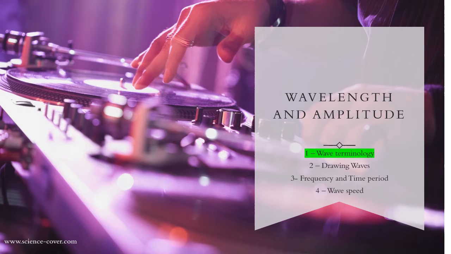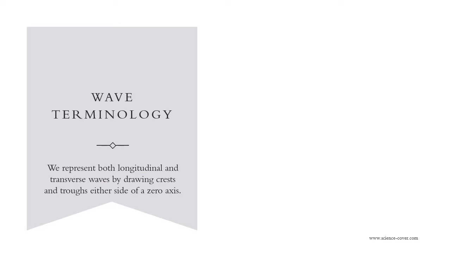Let's now familiarize ourselves with some of the terms used when we discuss waves. We can represent both a longitudinal and a transverse wave by drawing a crest and a trough either side of a zero axis. This pattern then repeats.